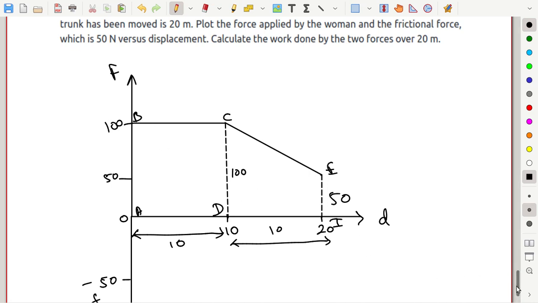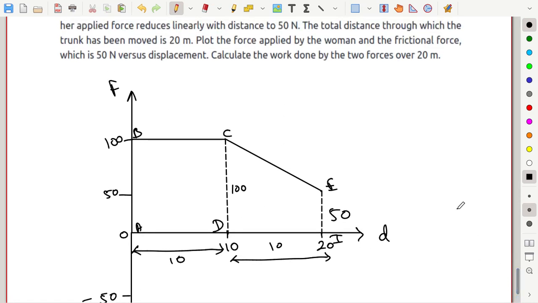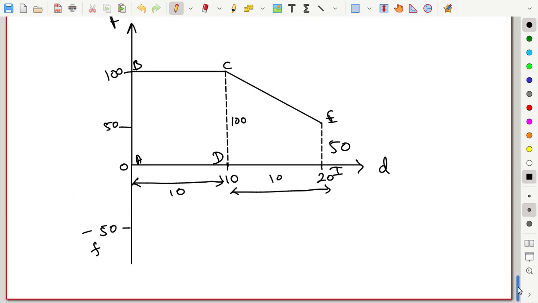They also asked us to plot the frictional force. The frictional force remains constant throughout the entire displacement. Therefore, it should be minus 50 newtons throughout this entire displacement.